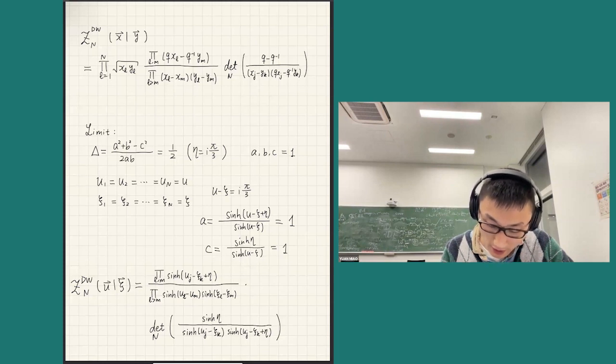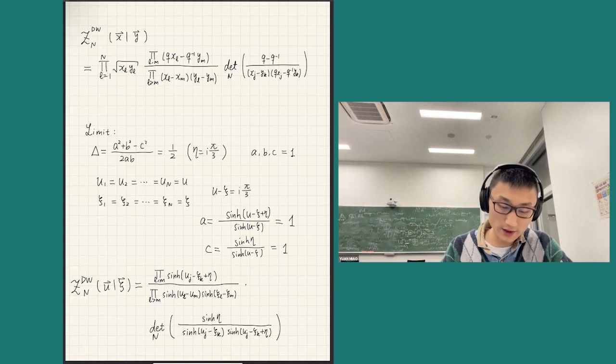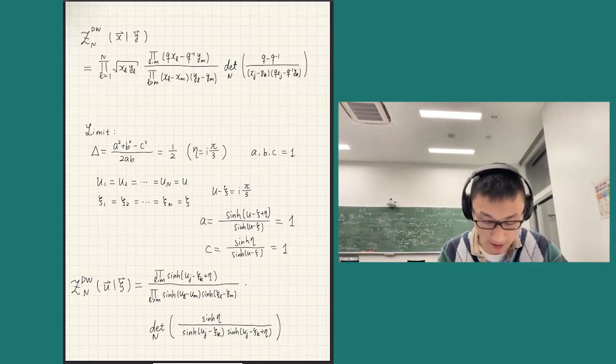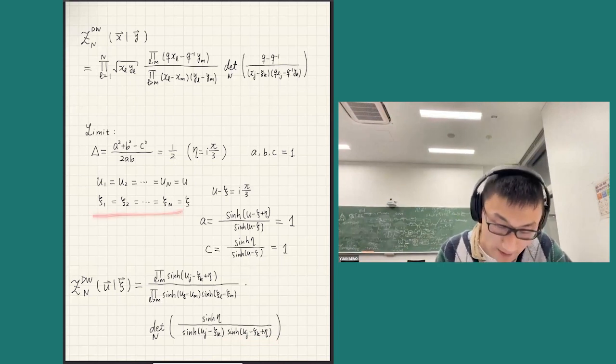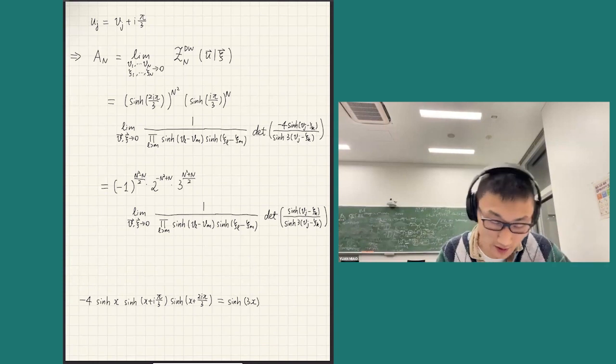But in the meantime, you will have some zeros appearing here, and also there will be divergences here. So it seems a bit of a pathological limit if you take this limit. And indeed, we need to do something smarter.